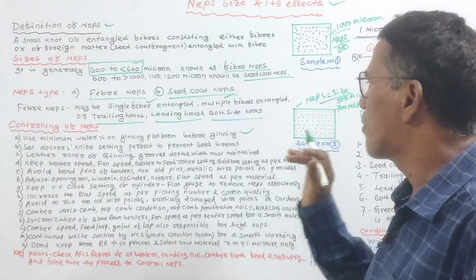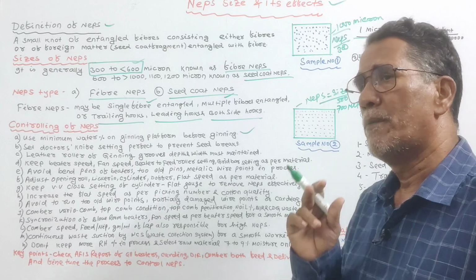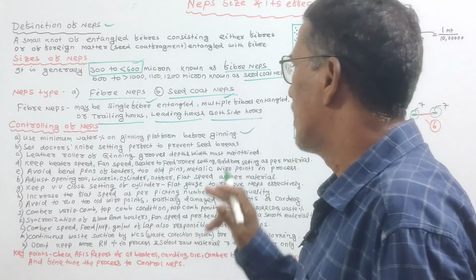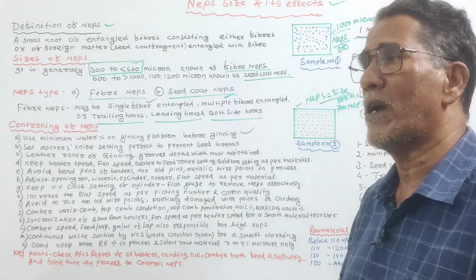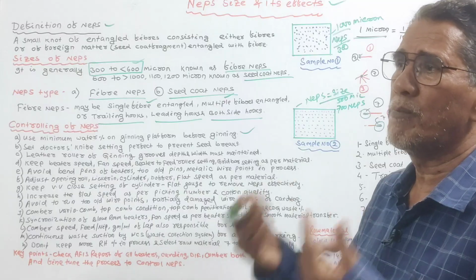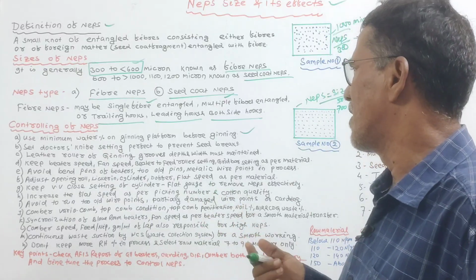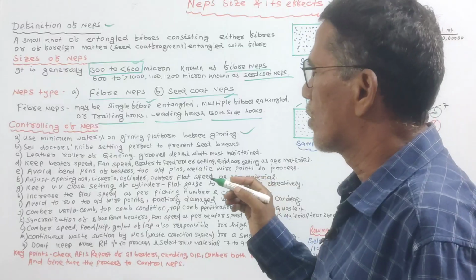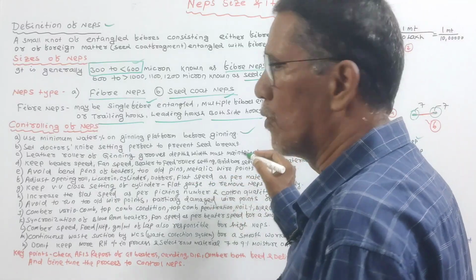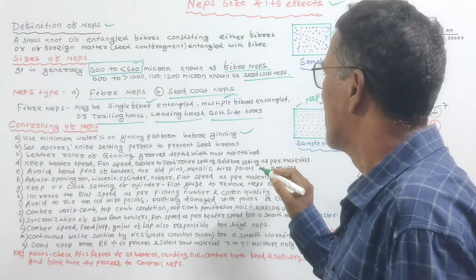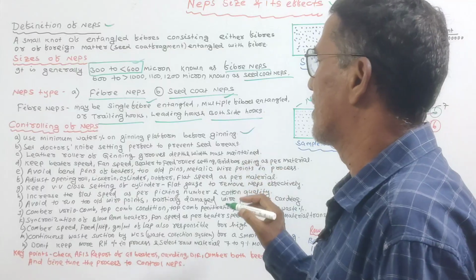That's why we put some water percentage, but keep it in mind, if you add more water, there will be a chance of entangled fiber in ginning. So keep the water percentage before ginning lesser.